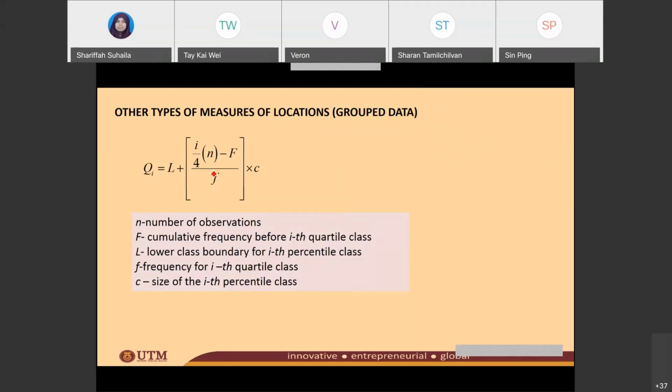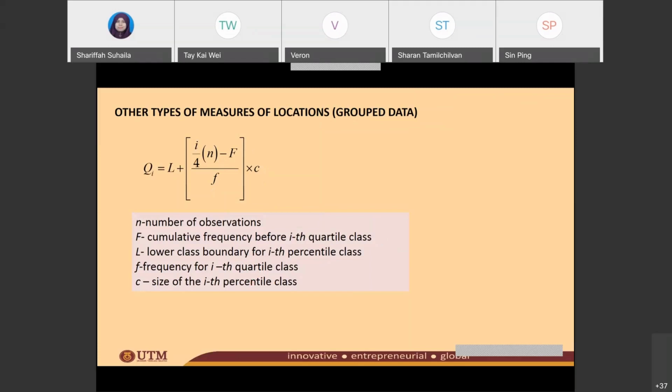So i over 4 times N minus capital F divided by small f times C. The same definition: capital F is the cumulative frequency before the i-th quartile class, L is your lower class boundary, small f is your frequency, C is the size of the i-th class.